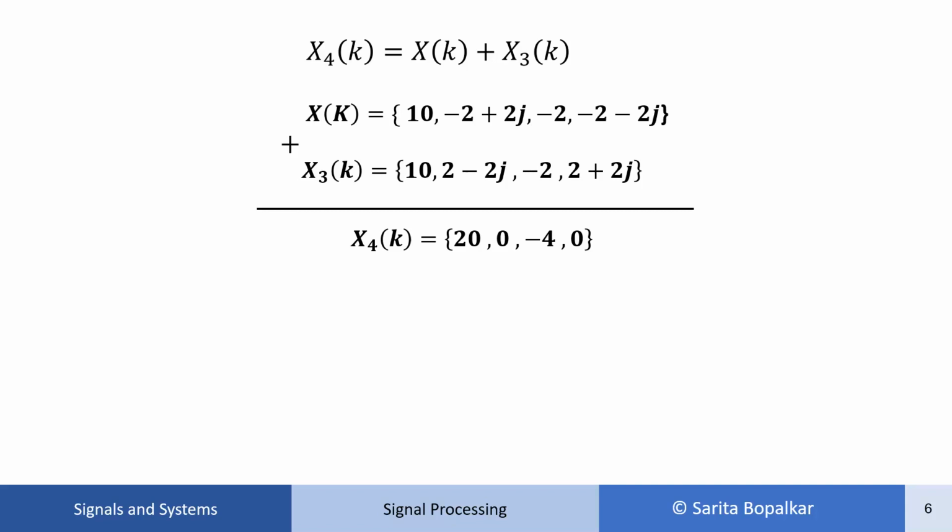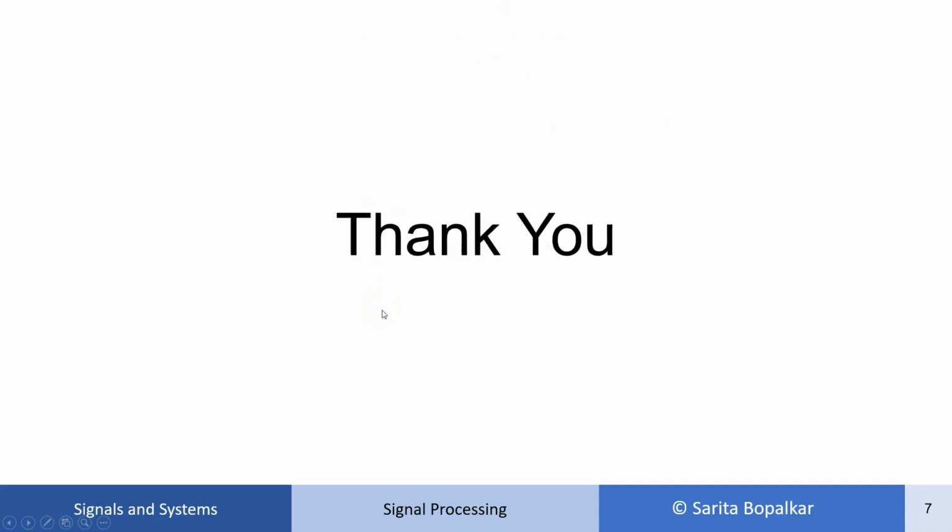Then X4 of n is the addition of X of n and X3 of n. That's why we used the linearity property, and we added the DFTs X of k and X3 of k to get X4 of k. So this is an example which will be very useful during your exam. Thank you.